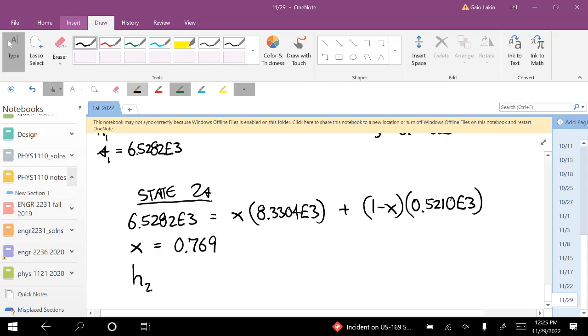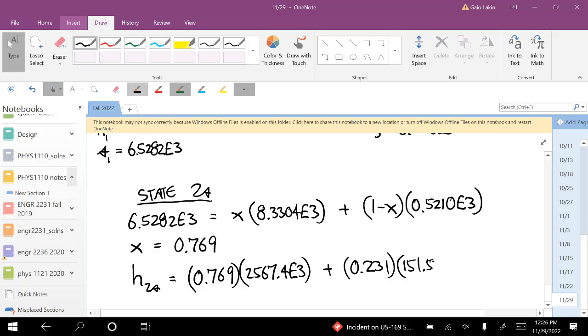So H2S is 0.769 times the enthalpy of the saturated vapor at that pressure, which is 2567.4 times 10 to the 3rd, plus 0.231 times the enthalpy for the saturated liquid at that pressure, which is 151.53 times 10 to the 3rd.